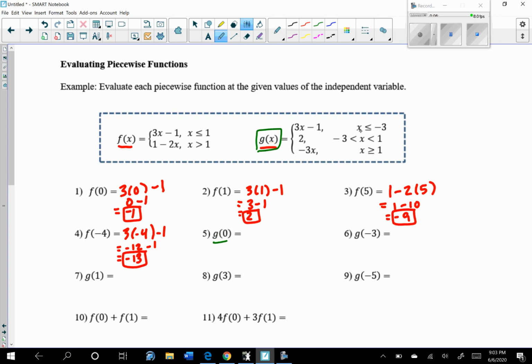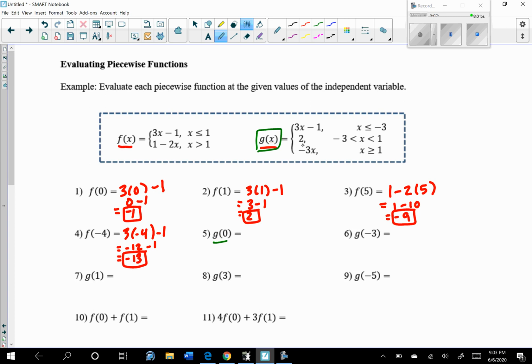For this one, remember negative 3 on the number line is going to be lower than 0, so it doesn't fit into this top equation. Negative 3, and then we have 1, so x values in between negative 3 and 1. So 0 in this case does fit in between negative 3 and 1, and it's not greater than 1. So we're using this second or middle equation.